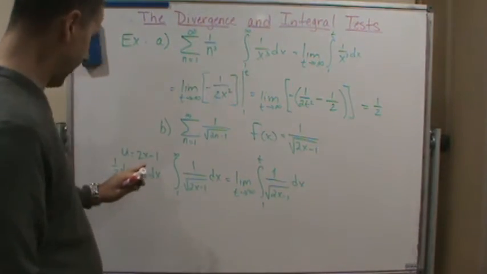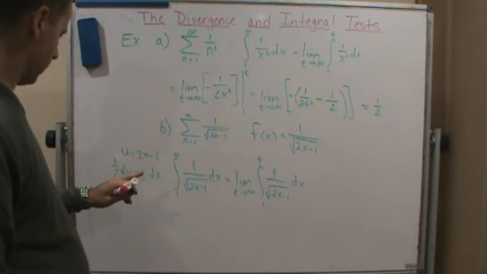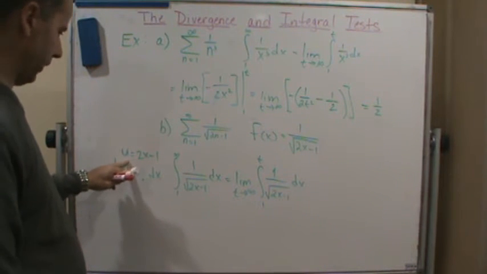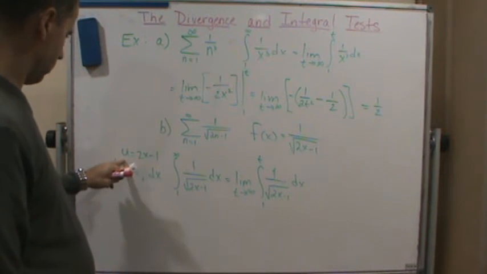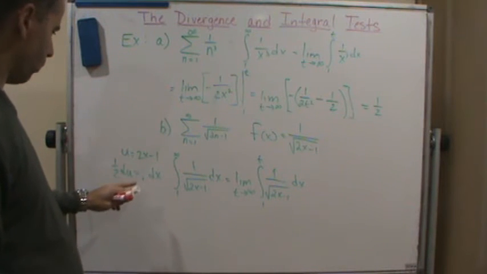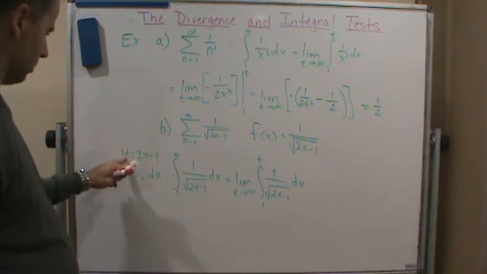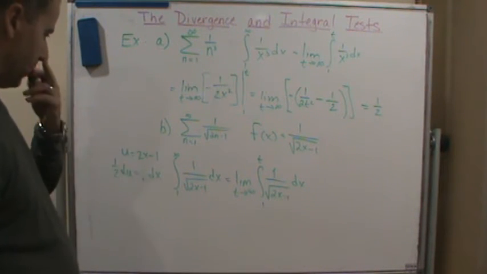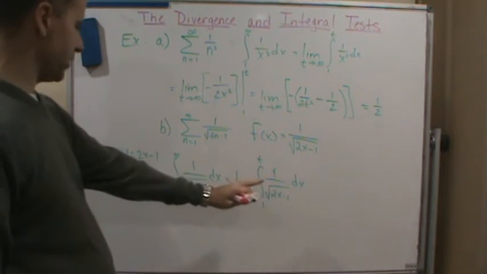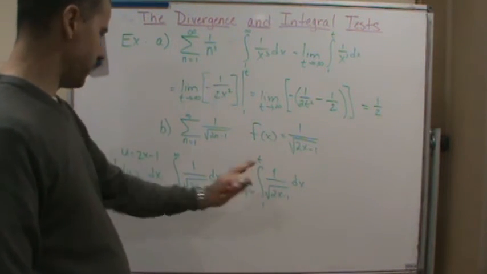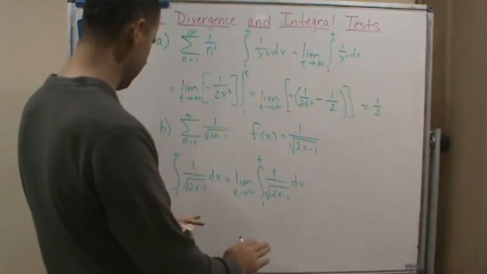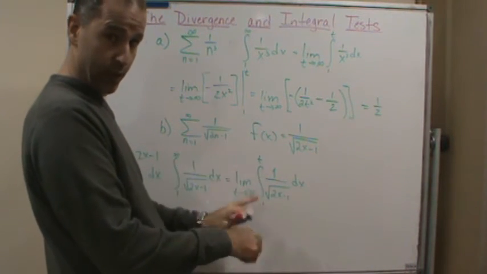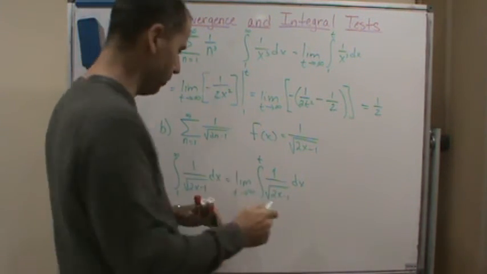When x is 1, u is 1. And when x is t, this will be 2t minus 1. You know what? Instead of changing the limits of integration, I'm just going to change it back to x when I'm done. So no big deal here.